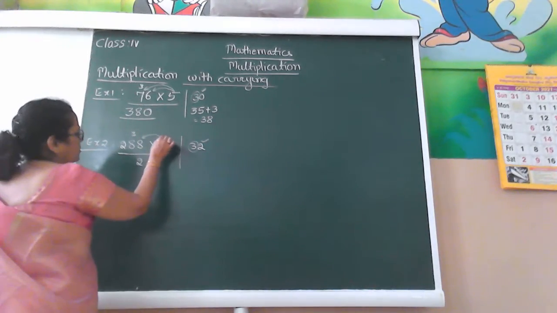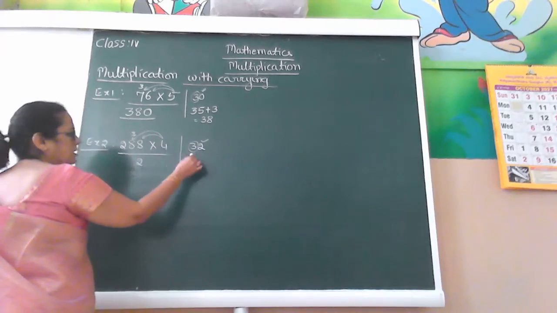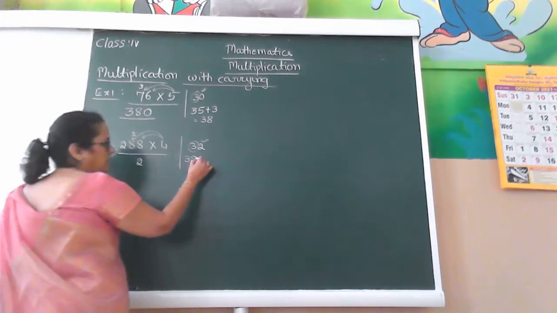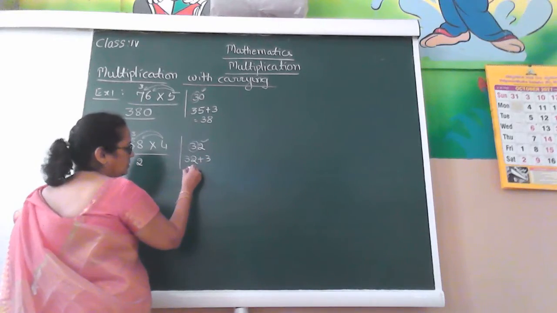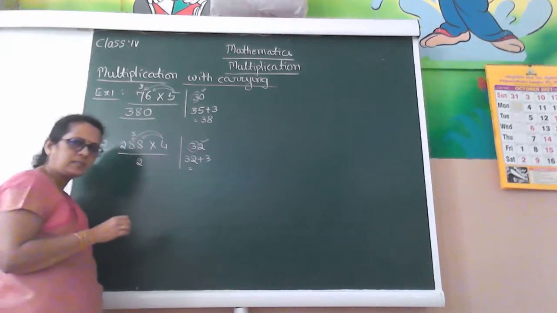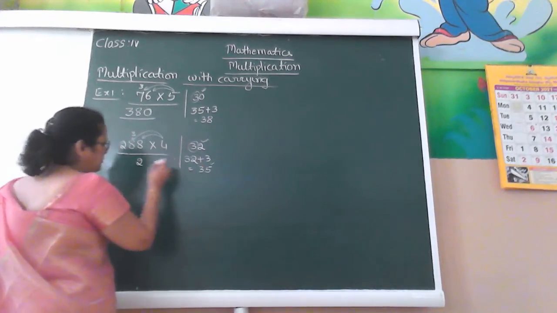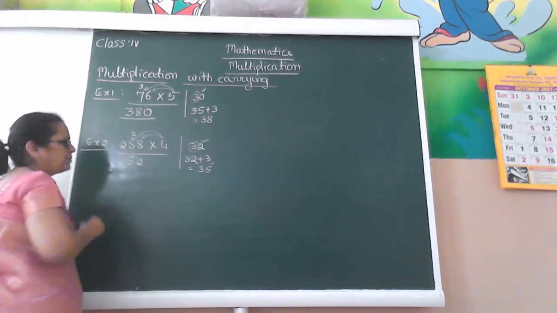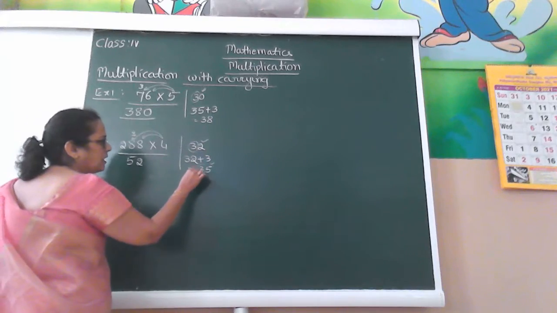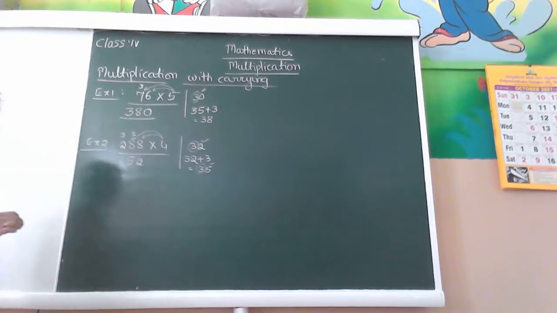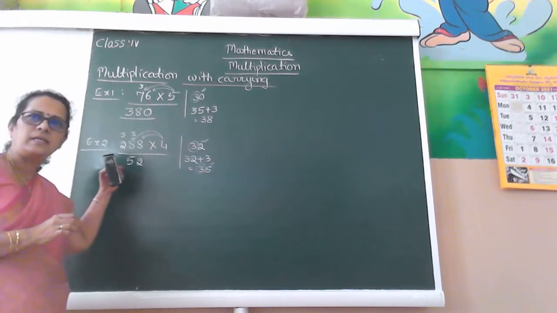Now next number, 4 eights are, again it is 32. But what about carry here? Plus 3. So what is the answer? 32 plus 3? It is 35. Now write this 5 in the product column, then 3, again you give carry above 2, which is in 100 place.